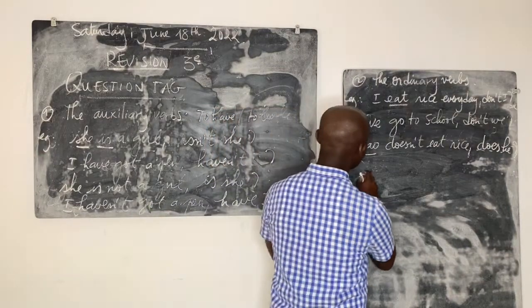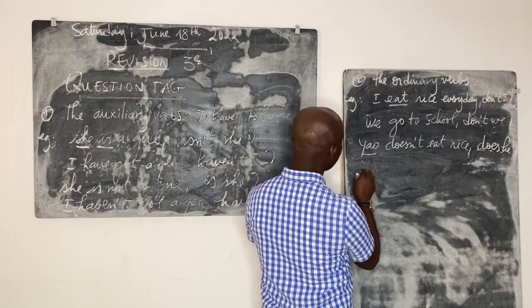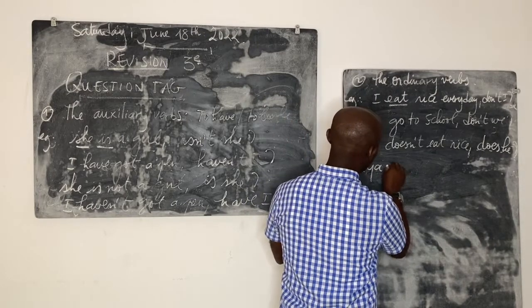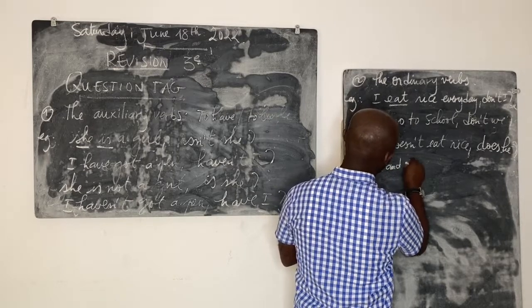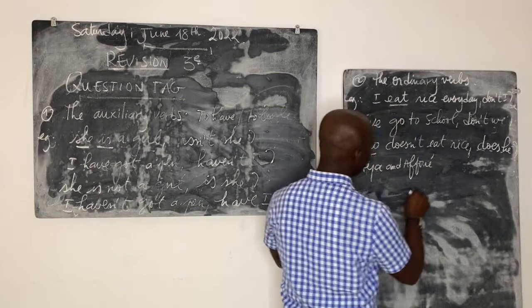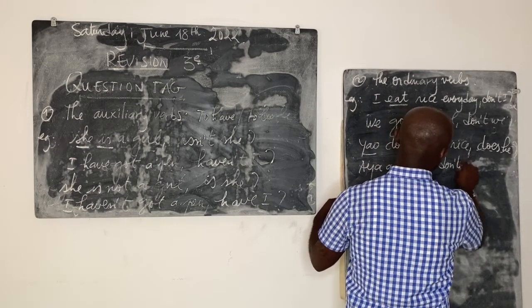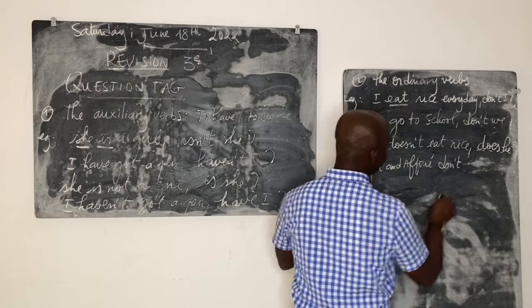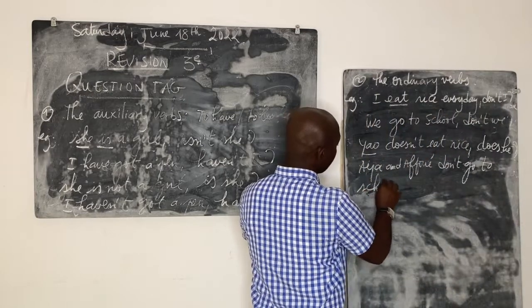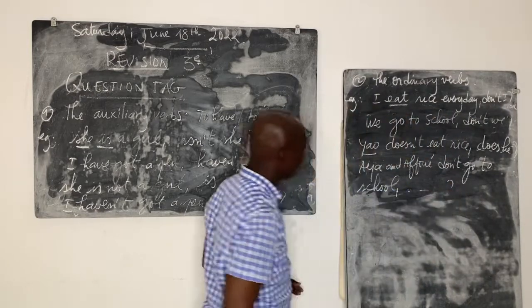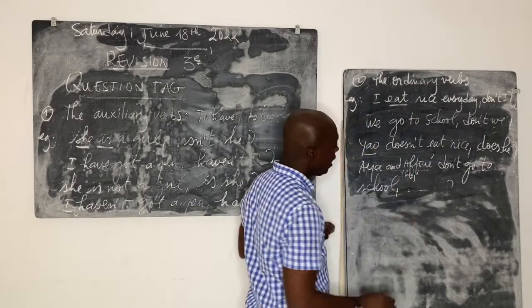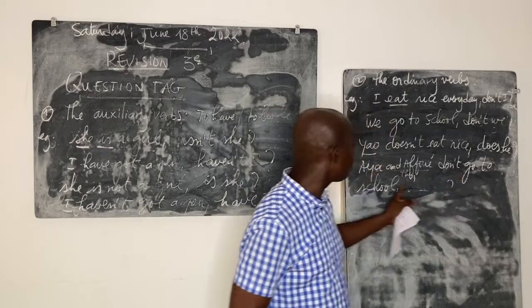Okay, the last sentence says that Aya and Afue don't go to school. Aya and Afue, we can replace them by they.